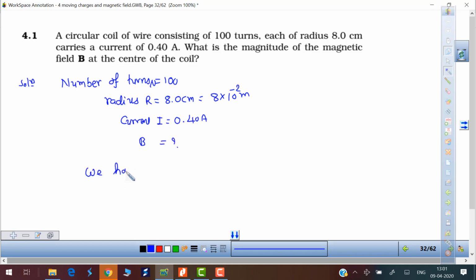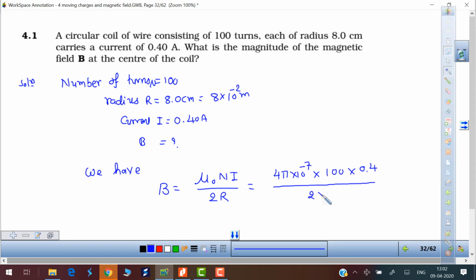So we have B equal to mu 0 Ni upon 2R. We substitute all this value. So it is 4 pi into 10 raised to minus 7 multiplied by number of turns 100 multiplied by the electric current, that is 0.4, divided by 2 into radius, that is the 8 into 10 raised to minus 2.